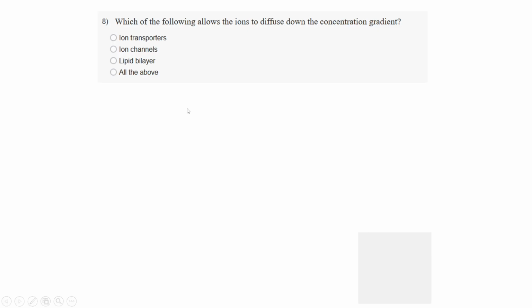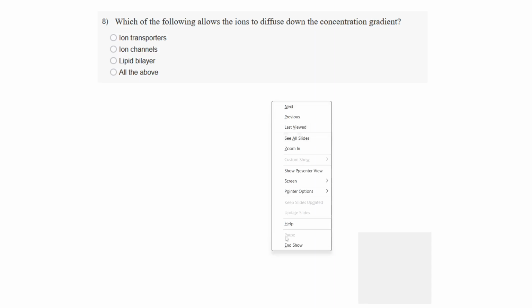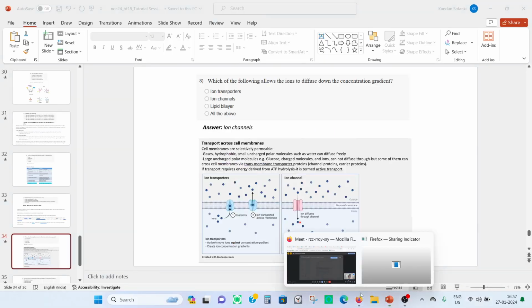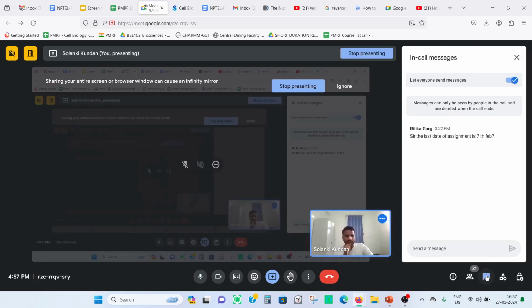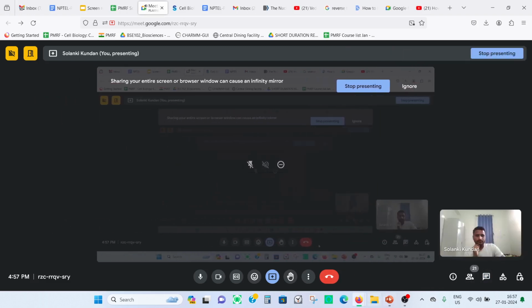Okay, so question number 8, the last two questions. Which of the following allows the ion to diffuse down the concentration gradient? Ion transporters. Okay, any other? Sir, down means against the concentration gradient.